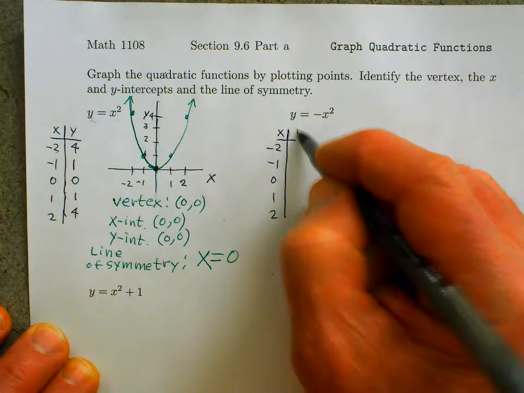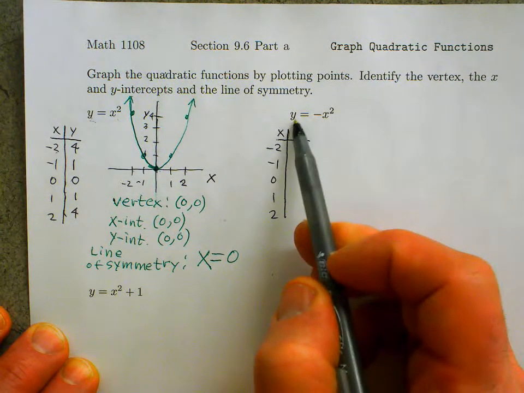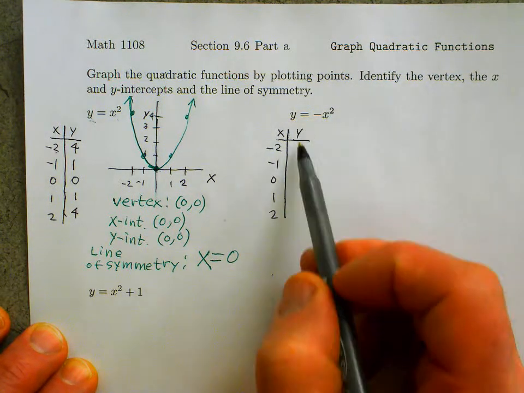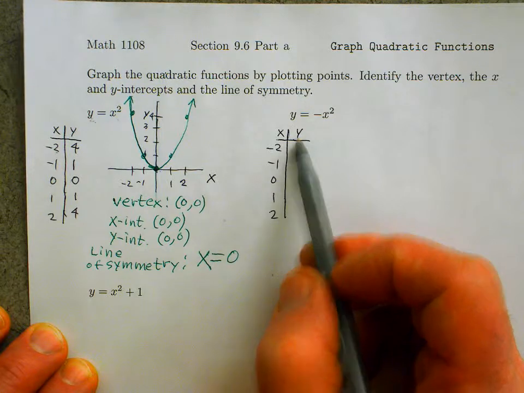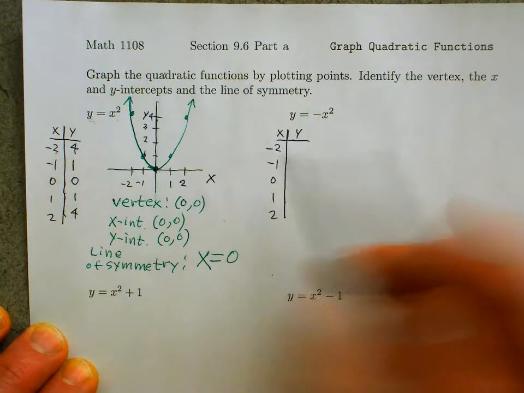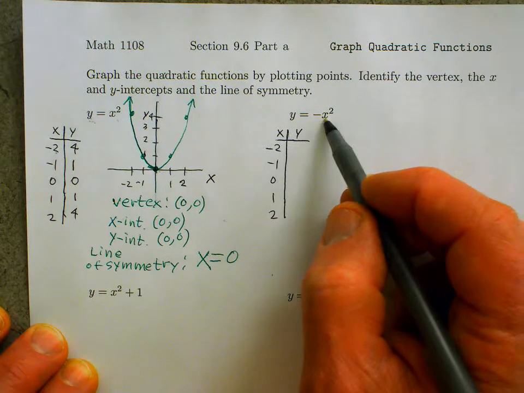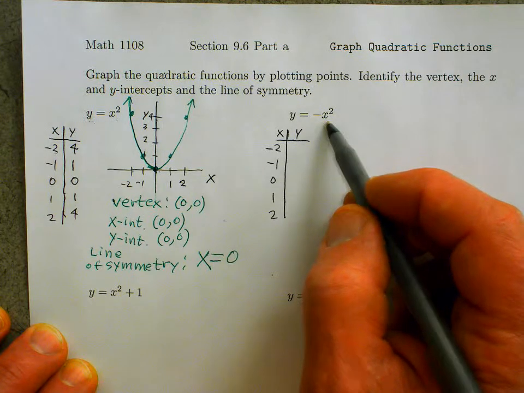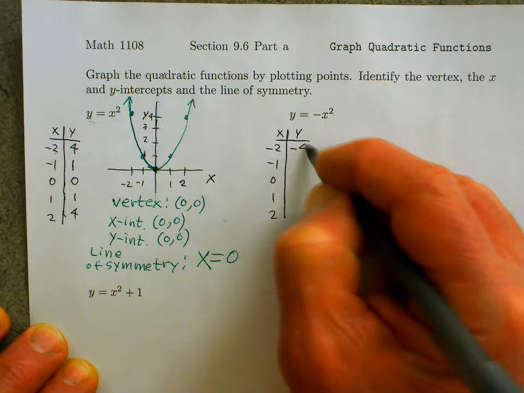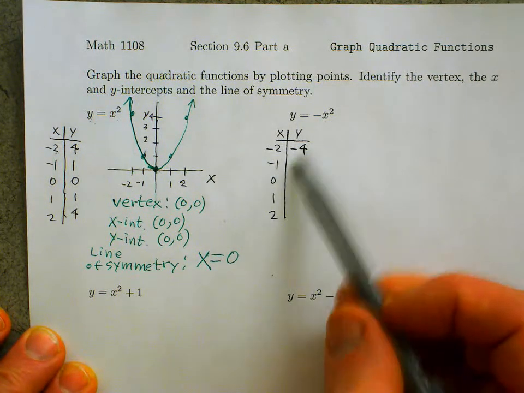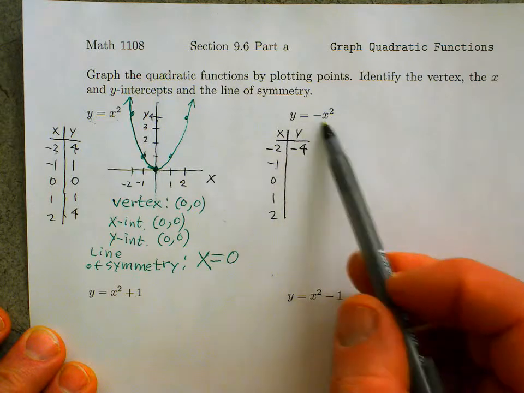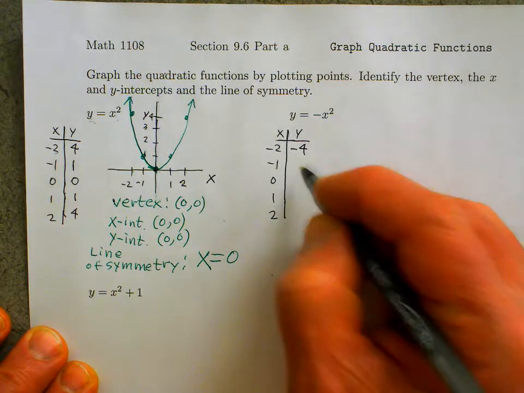And then this is a formula for finding y-coordinates. The y-coordinate that goes with -2 is the negative of the number -2 squared, or -4. When x is -1, the y-coordinate is the negative of -1 squared, or -1.